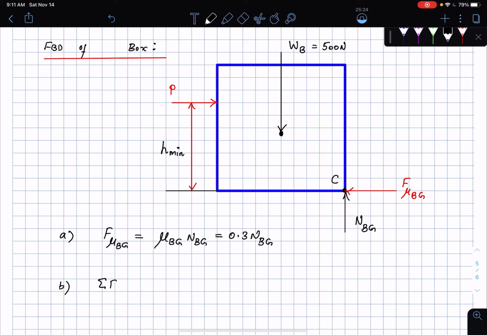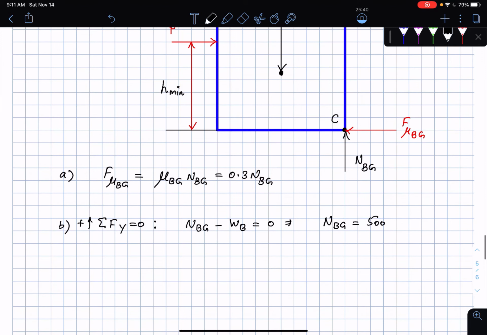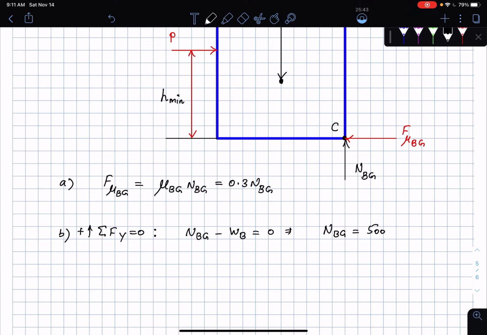Then if I sum forces in the y direction, set them equal to 0. What are my forces? NBG minus W of the box is 0, so that NBG is 500. Since this is 500, I can then find out, okay, what is F mu BG. Okay, so F mu BG is going to be 0.3 times 500, so F mu BG is going to be 150 newtons, as you can see.